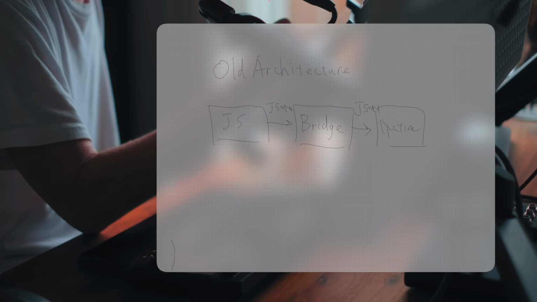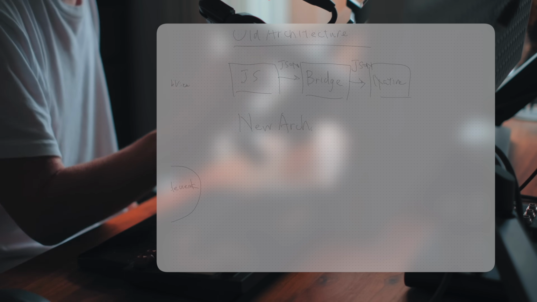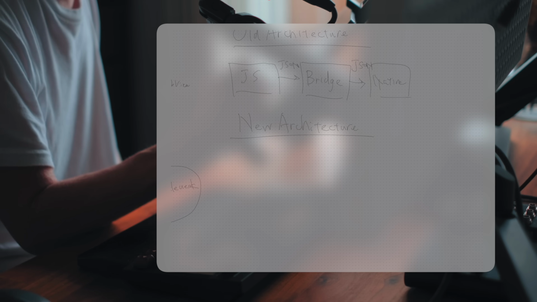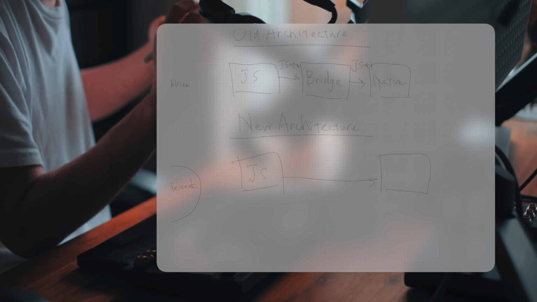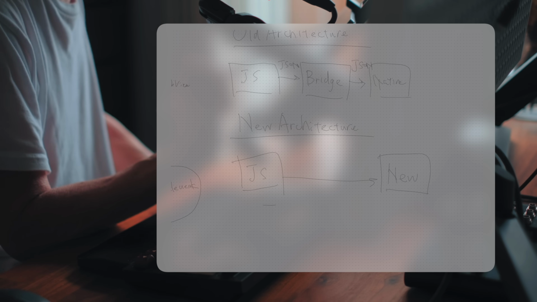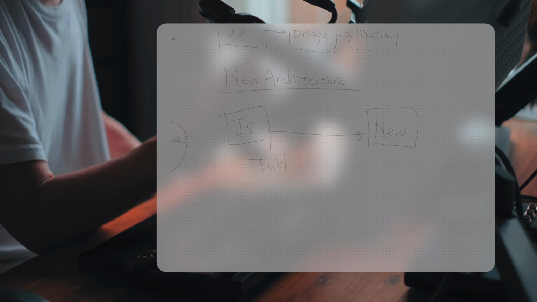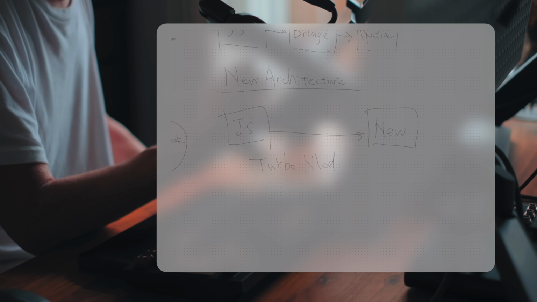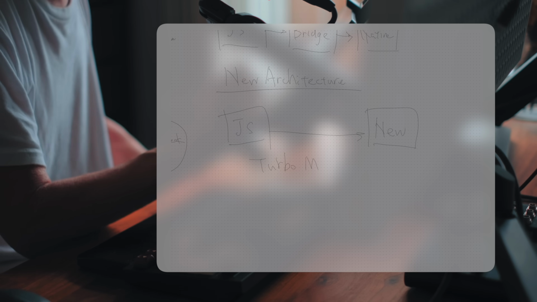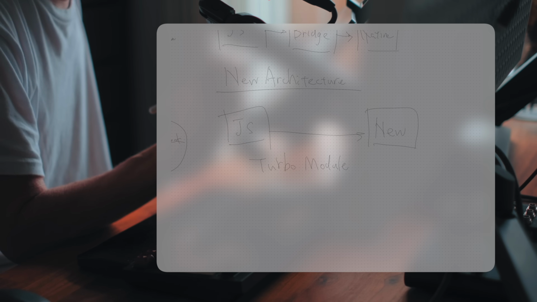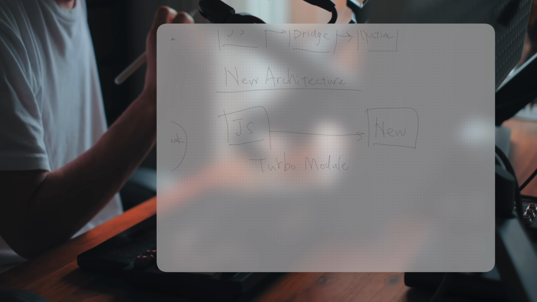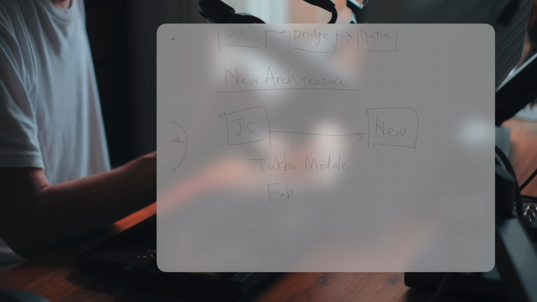And React Native has got a new architecture which provides a bridgeless way to communicate between the JS and native layers by providing TurboModules for the basic native modules, and for the UI modules they provide Fabric.